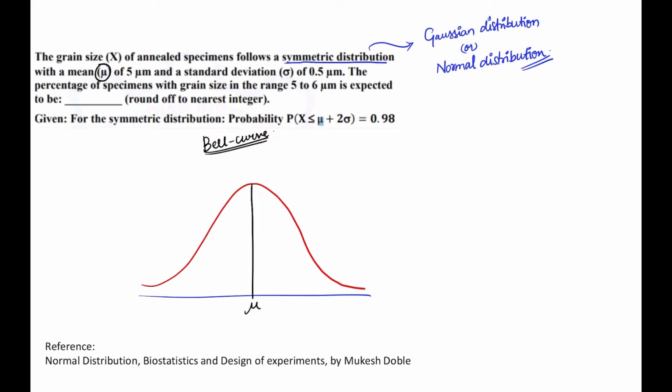Now, how the data is distributed is also given in different ranges. They have considered different parts: mu plus sigma, plus 2 sigma, plus 3 sigma, and similarly on the other side, because as I told you, this is a symmetric curve. So this is minus sigma, minus 2 sigma, and minus 3 sigma.